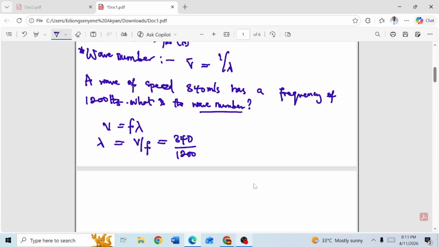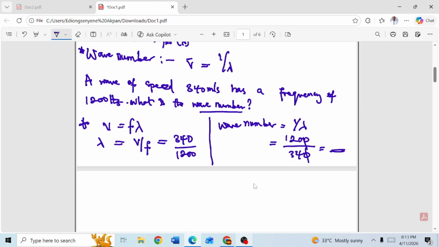This is the wavelength. In this situation, we are asked for wave number. Wave number, I said, is the inverse of wavelength. What you will have here will now be 1200 divided by 340. You cancel to get your answer. Take note of this kind of question. This is how new questions are set.